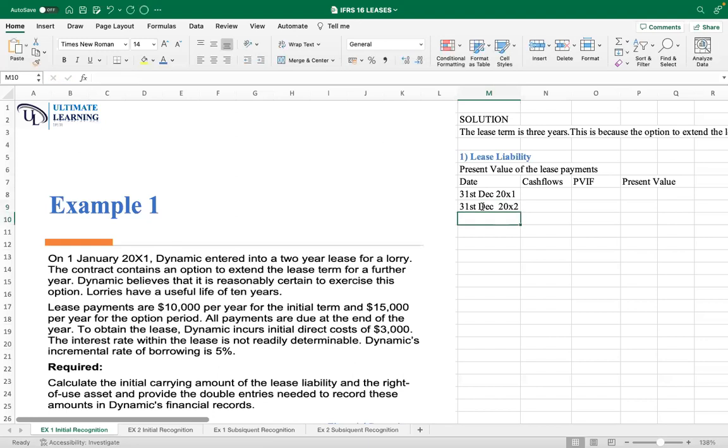The third year will end on 31st December 20X3. And what are the cash flows? Lease payments. Remember, it was the present value of lease payments. The lease payments were 10,000 per year for the initial term of 2 years. And in the third year, the option year, the lease payment was 15,000.